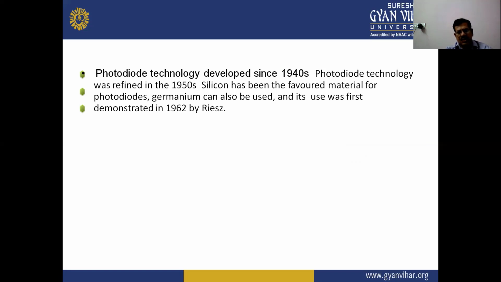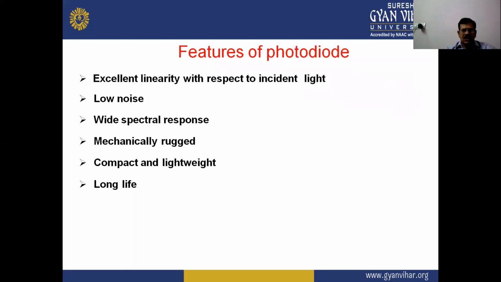So in photodiode technology, germanium and silicon are the two main semiconductor materials generally used to make the photodiode.